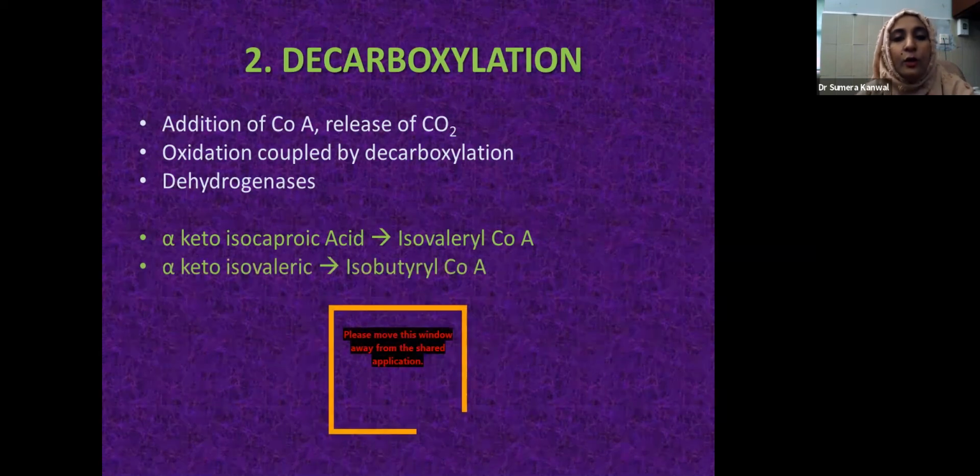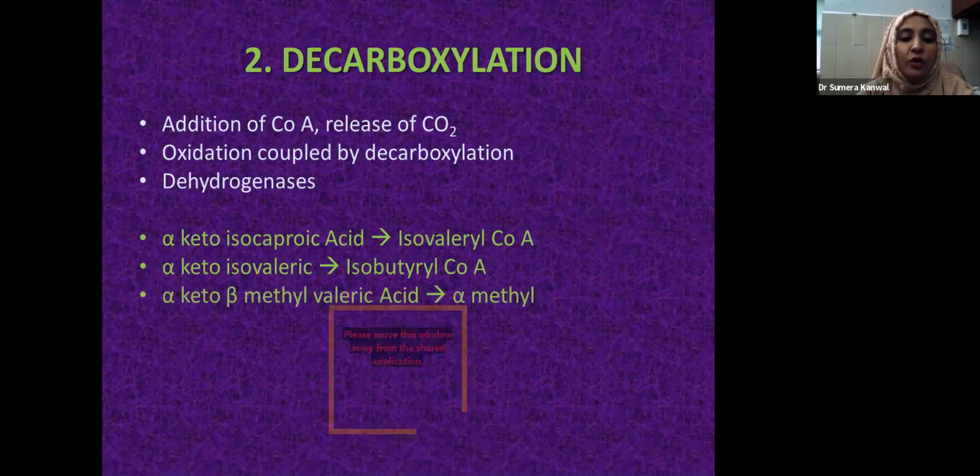The alpha keto isovaleric acid, which is coming from valine, becomes isobutyryl CoA upon oxidative decarboxylation, the oxidation coupled with decarboxylation. The alpha keto beta methyl valeric acid, which is coming from isoleucine, becomes alpha methyl butyryl CoA.